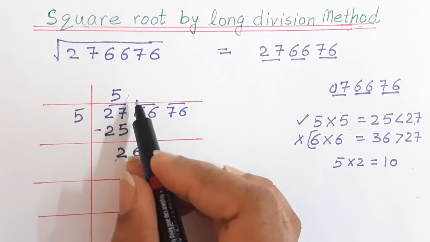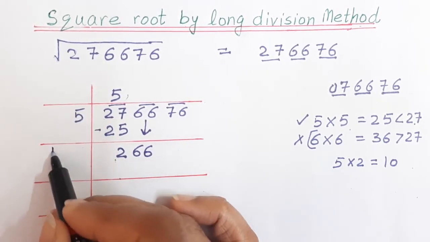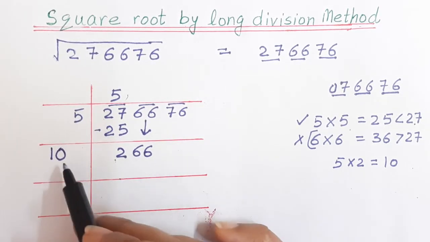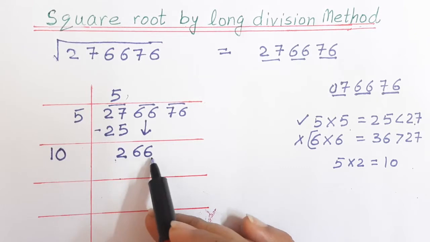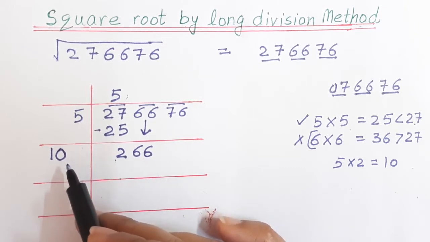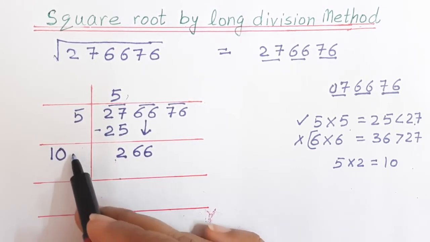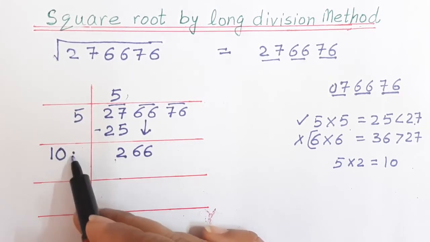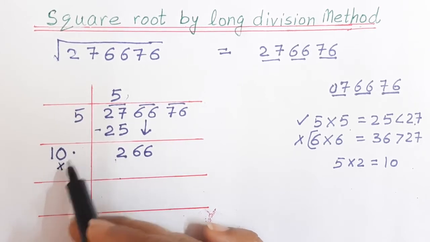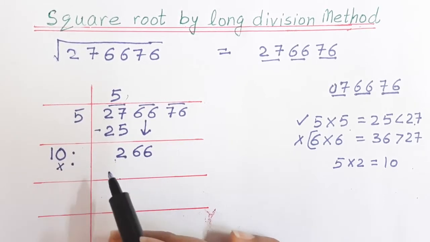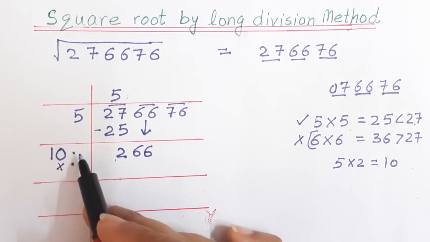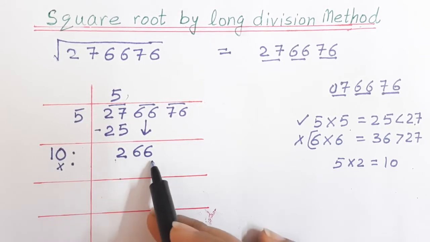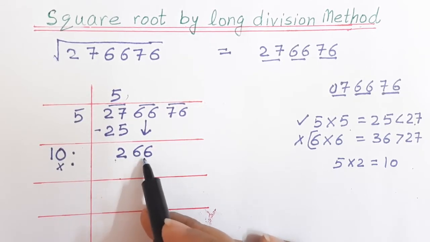Now write 10 on the left of 266. Now children, put the largest number on the right side of 10 so that if I multiply it with the same number, the product does not exceed 266.